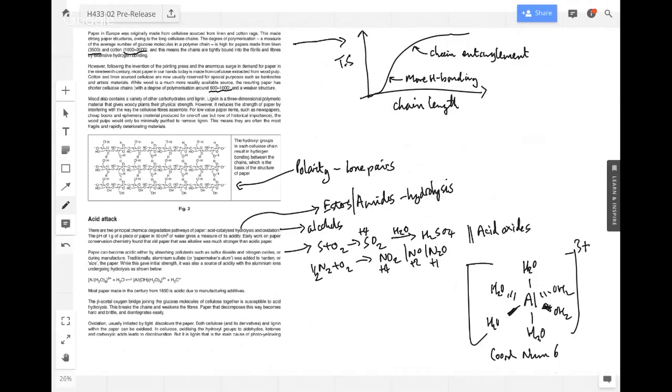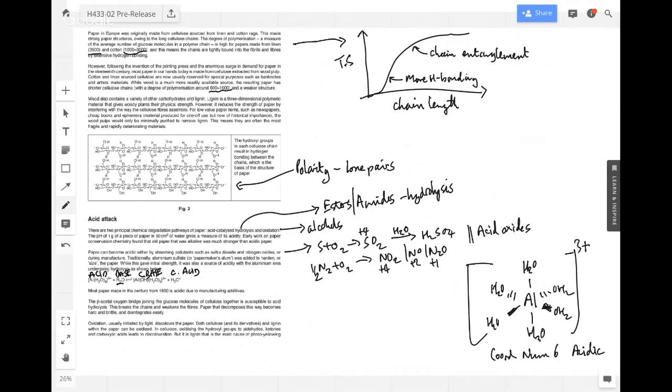Okay, and it's hexaaqua aluminium 3+ ion, and this is acidic because it will deprotonate a water molecule here. So this is an acid, and water's acting as a base, and that's the conjugate acid there, and that's the conjugate base there.